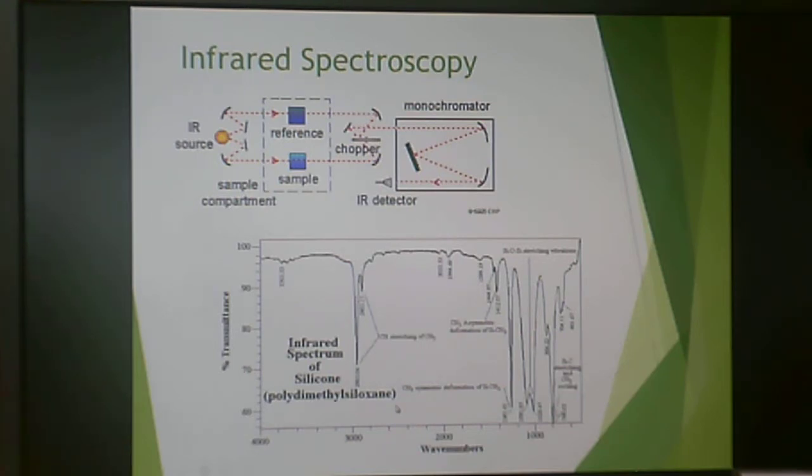So if you want to show me a nylon, I can identify it just by the way the spectrum looks. This one is a silicone, or polydimethylsiloxane, and it has very characteristic groups. Where these show up specifically corresponds to a particular atom or group of atoms in a backbone, so you can make determinations about the type of polymer that you have.